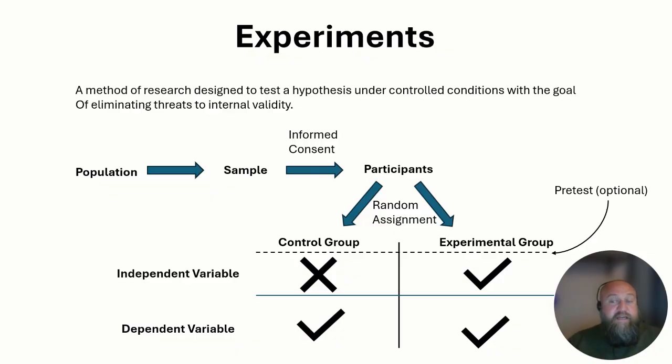Now, all this being said, it's really hard to do a full experiment in any kind of social science. Not to say that they're never done, but it is very difficult to do them. Which brings us to the other types of studies we're going to talk about in a second. Now, remember, I said data collection, what we need to collect. If you're doing pre-test, post-test, you're basically comparing the pre-test scores with the post-test scores.